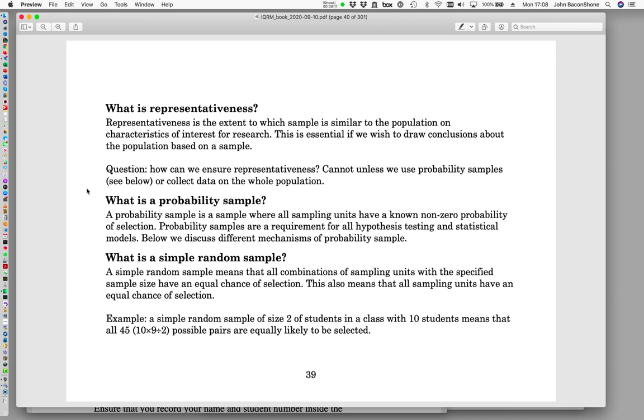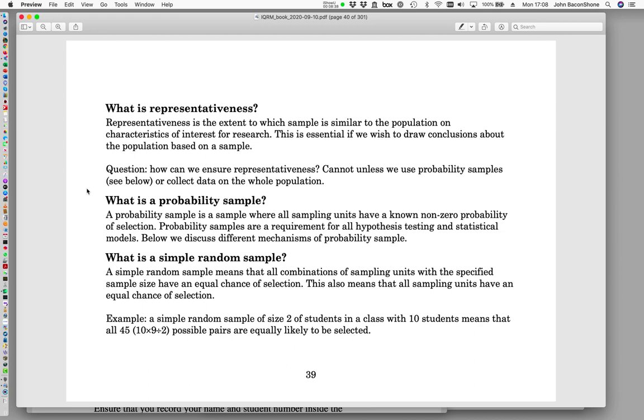So if we want to draw a conclusion about the population, that means we are assuming implicitly that the sample is like the population. Right? So representativeness is telling us to what extent is the sample similar to the population, not necessarily on all characteristics, but at least on the characteristics of interest for our research.